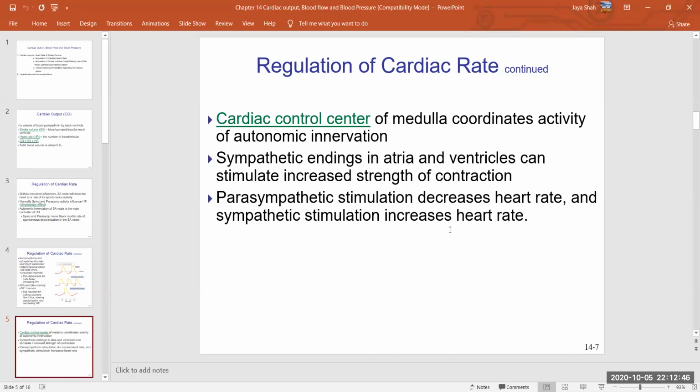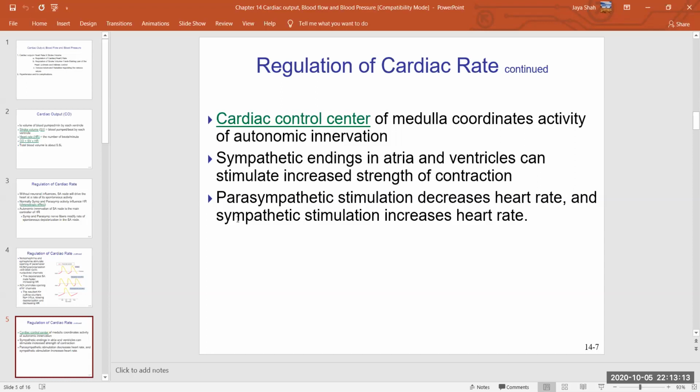The SA node is controlled by the cardiac control center found in the medulla oblongata of our brain, which coordinates activity of the autonomic innervation. Sympathetic endings in the atria and ventricles can stimulate increased strength of contraction.